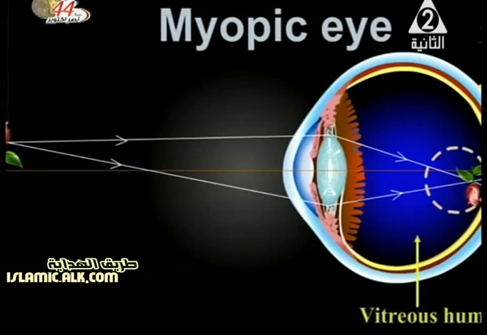defect. This is another video to show short-sightedness. The light reflected from the flower passes through the convex lens, so the image is formed in front of the retina.